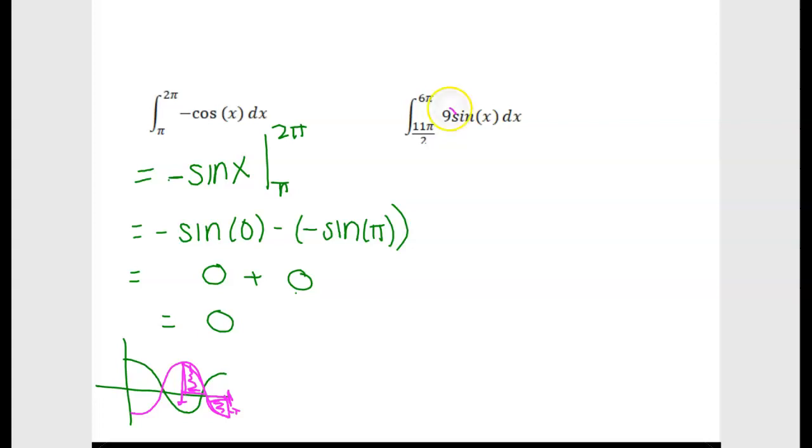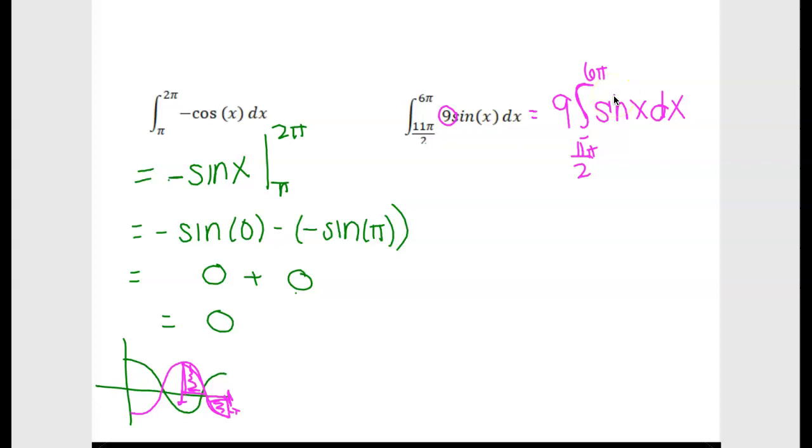So here, ignore the 9. The 9 is a constant, it's kind of out in front. You follow your rule from the chart. What is the antiderivative of the sine of x?